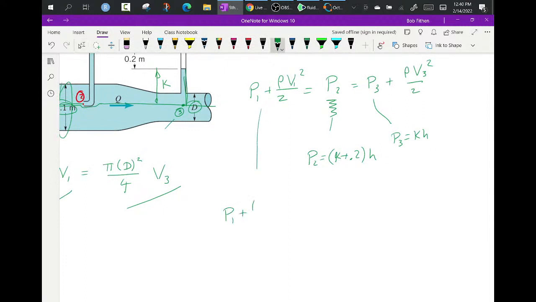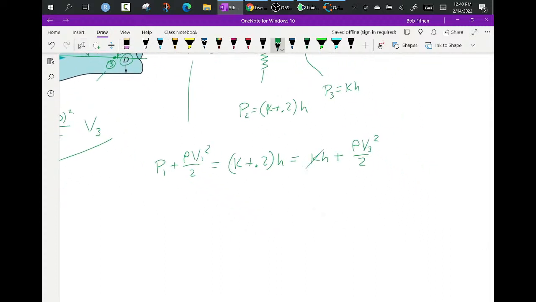P1, that's rho V1 squared over 2, equals k plus 0.2 meters, h, equals k h plus rho V3 squared over 2. The k's cancel each other out, so on the left-hand side, you're left with 0.2 h equals rho V3 squared over 2.